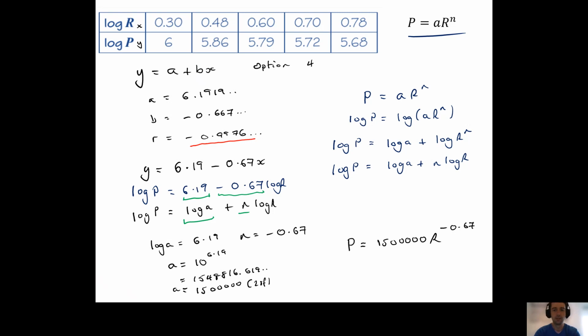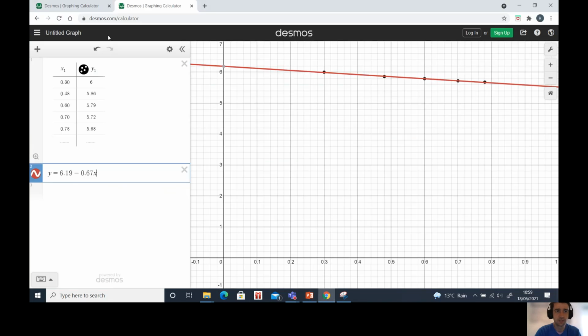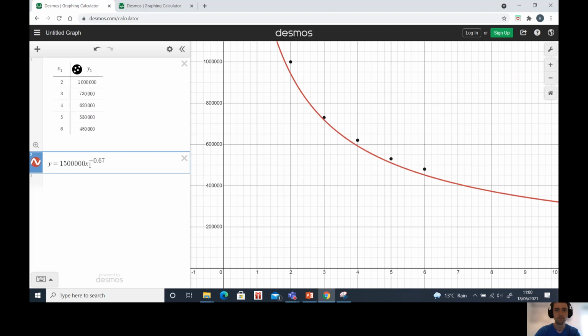So what I'm just going to do now is go back to the original Desmos graph that I drew with the original data. And we suggested that there was this non-linear, pretty nice relationship going on here. So I'm just going to enter in the equation to test this out. I'm going to use y is 1.5 million x to the power of negative 0.67.